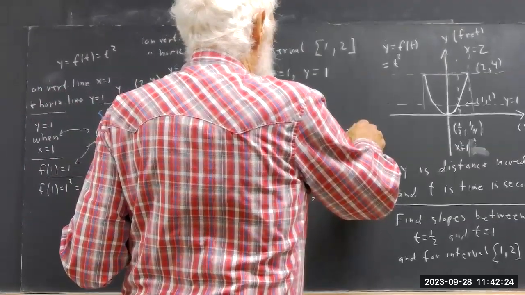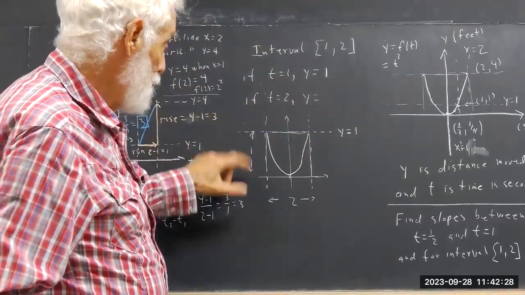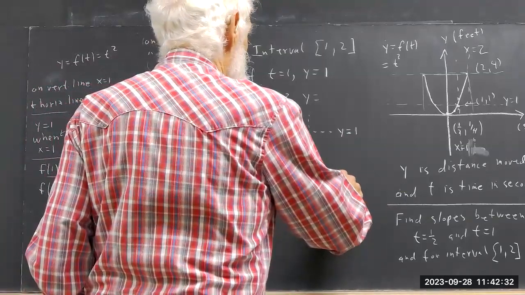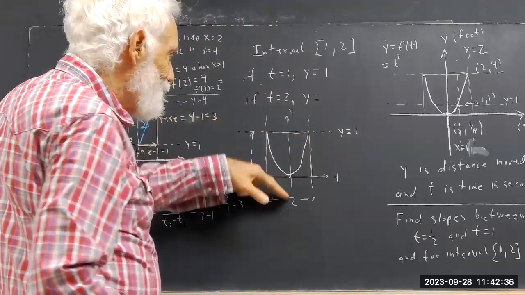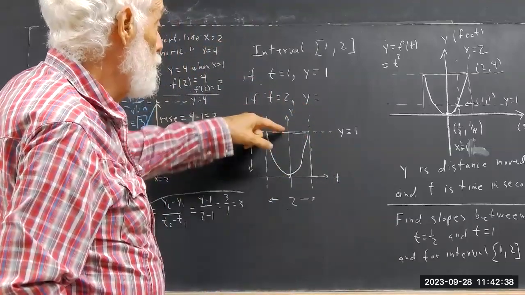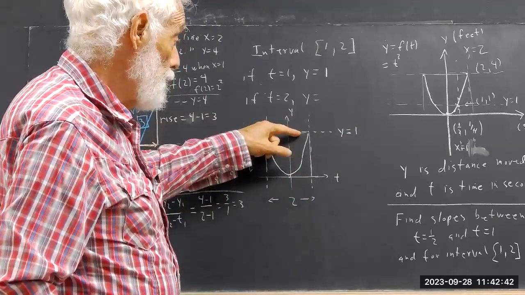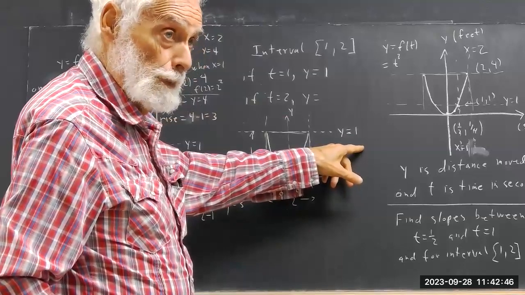Okay, so anyhow, this is y equals 1, because this thing has a height of 1. Here's where y equals 0, that's on the t-axis. And here's where y equals 1, because it's 1 unit above the t-axis. All the points on this line are 1 unit above the t-axis, meaning that they all have y-coordinate 1.